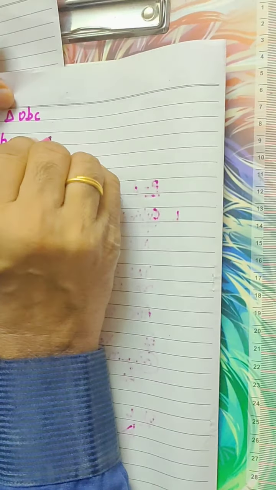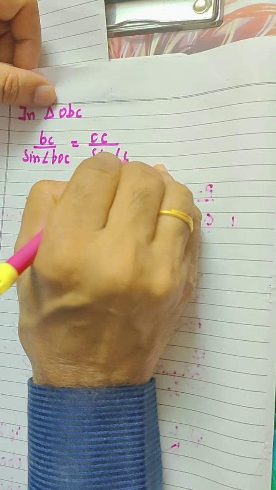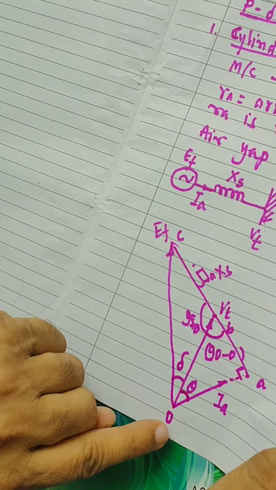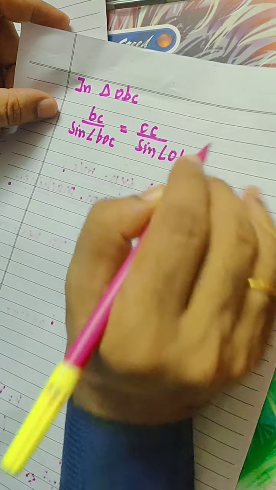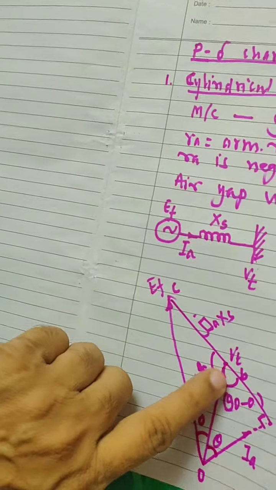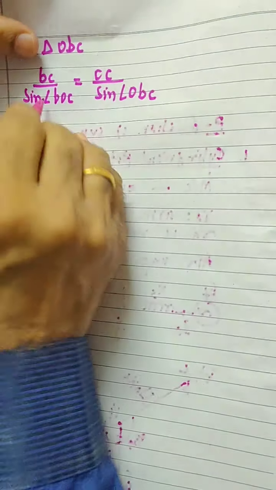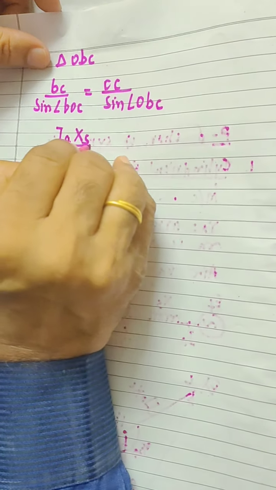But from the phasor diagram, BC is equal to Ia Xs.